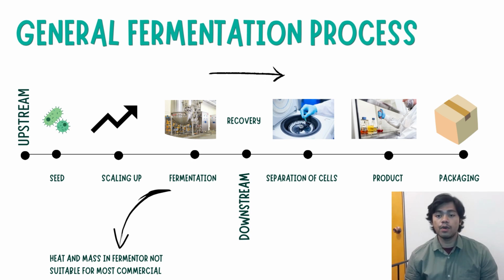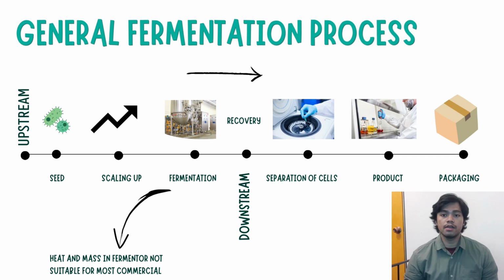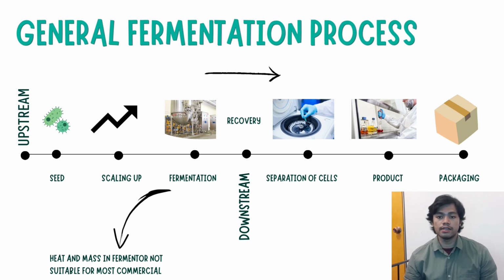So it is important to select more robust microbes that are better suited to the harsh conditions encountered in intense processes. Now, after the fermentation, the product needs to be recovered.